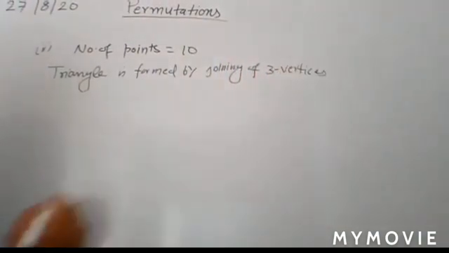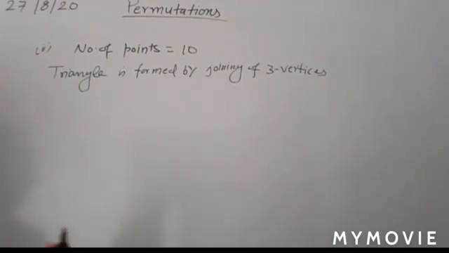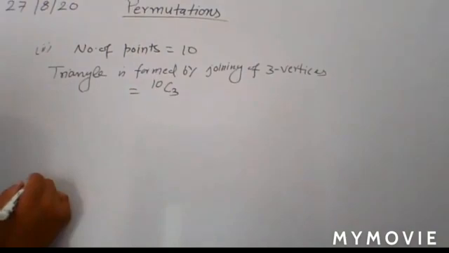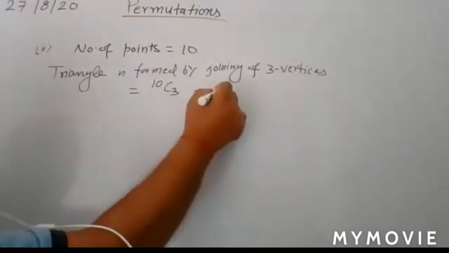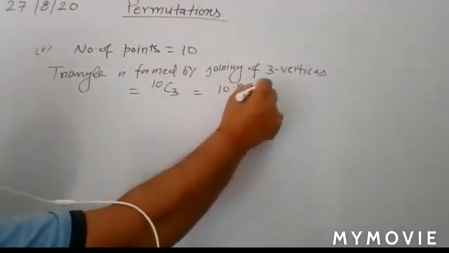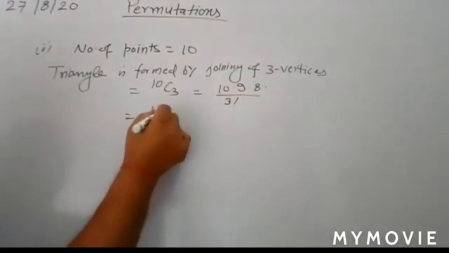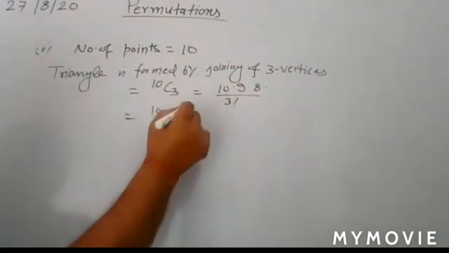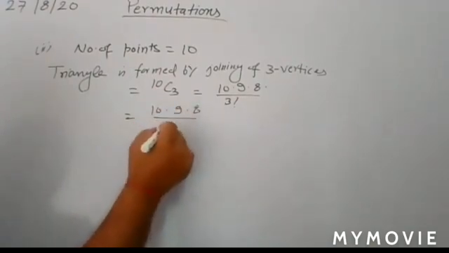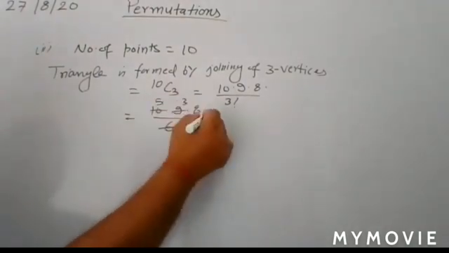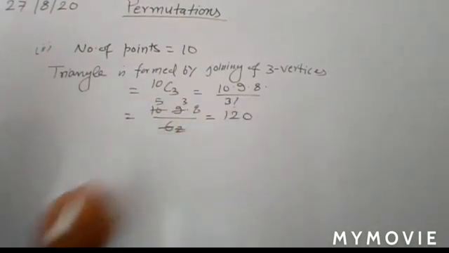When you join 3 vertices, you have a triangle. So you can write here 10C3, and its value is 10 into 9 into 8 divided by 3 factorial, which is 10 into 9 into 8 divided by 6. So we cancel out: 3 twos are 6, 3 threes are 9, and here you have 5, and you have your result 120.